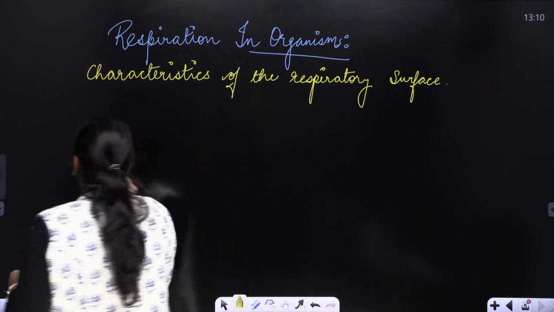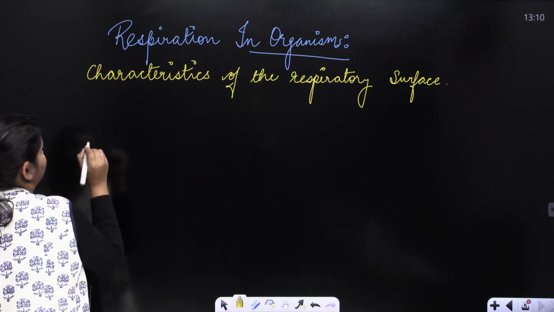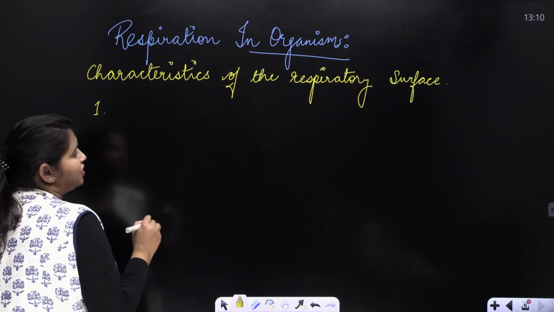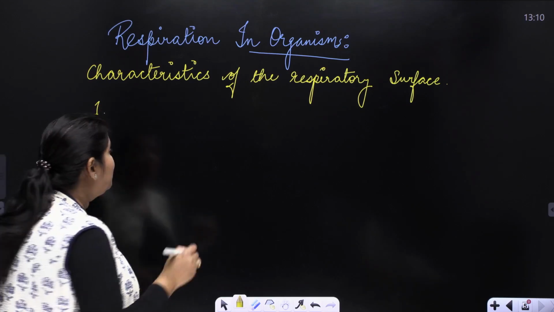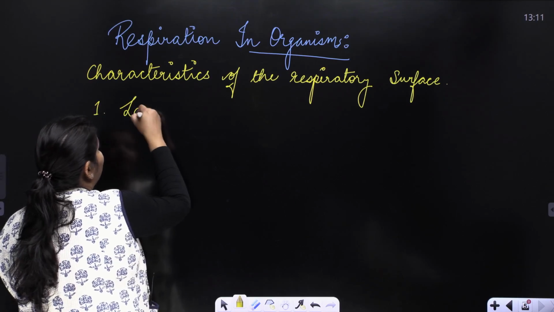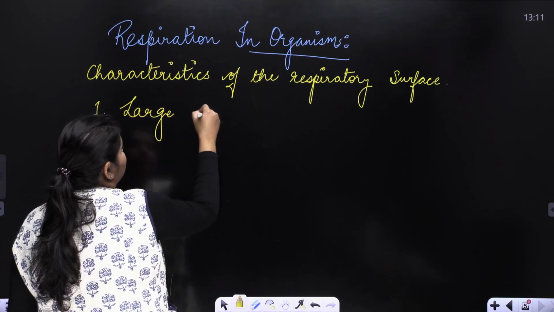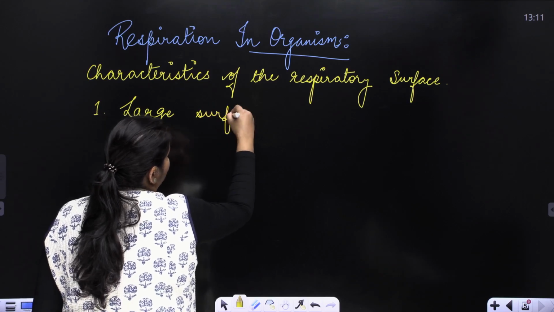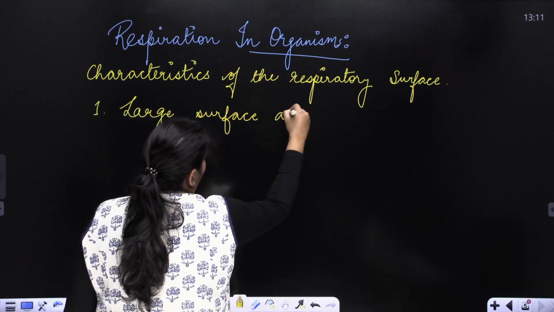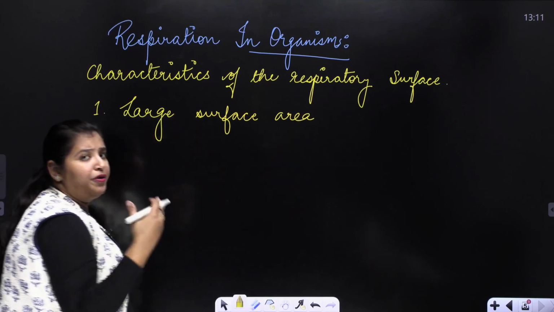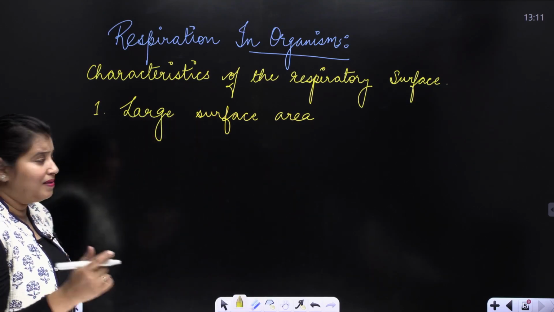The first characteristic that you have to keep in mind is that they should have a large surface area for more diffusion of gases.